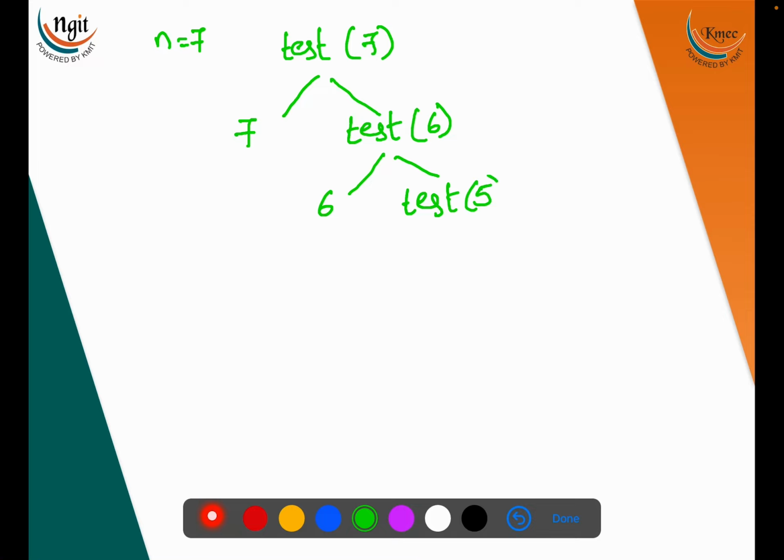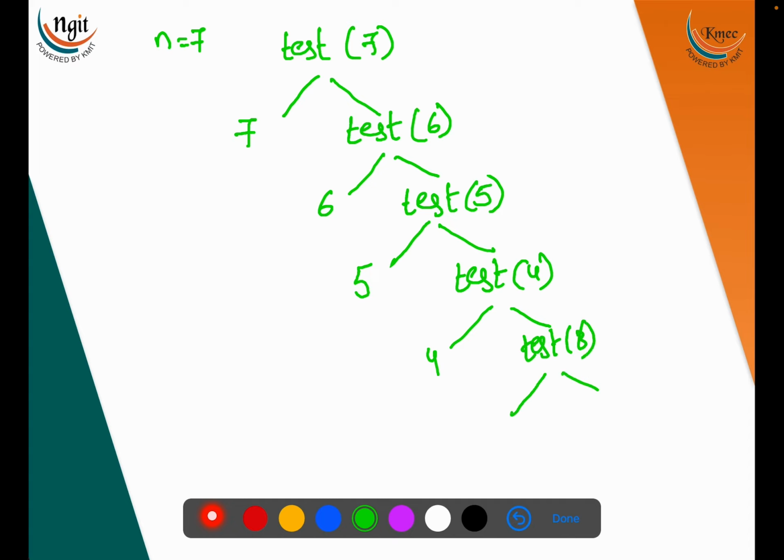Now test 5, the function is called again with the value 5, and 5 comes on the screen. Now test 4, 4 comes. Test 3, 3 comes. Test 2, 2 comes. Test 1, 1 comes. Test 0. This is the tracing tree.